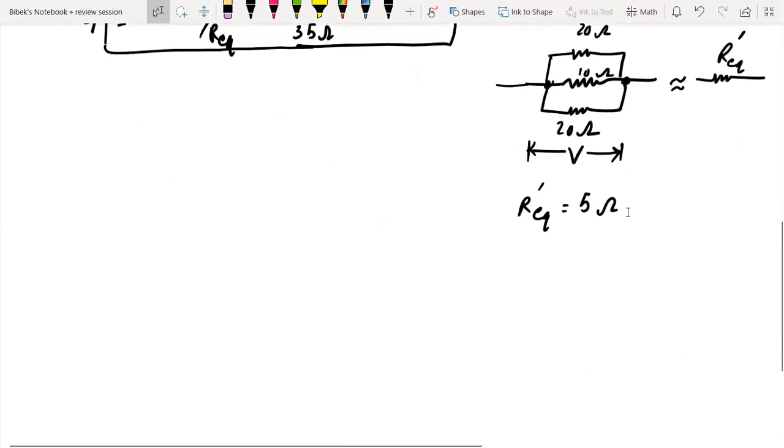Okay, so now you have the resistance. Now what is the potential drop here?